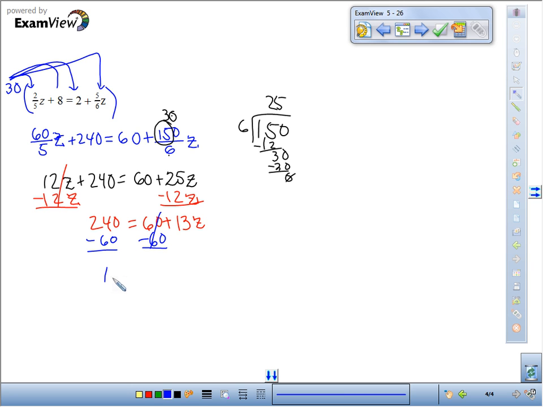We're left with 180 equals 13z. Okay, next, at the end, we divide by 13 on both sides.